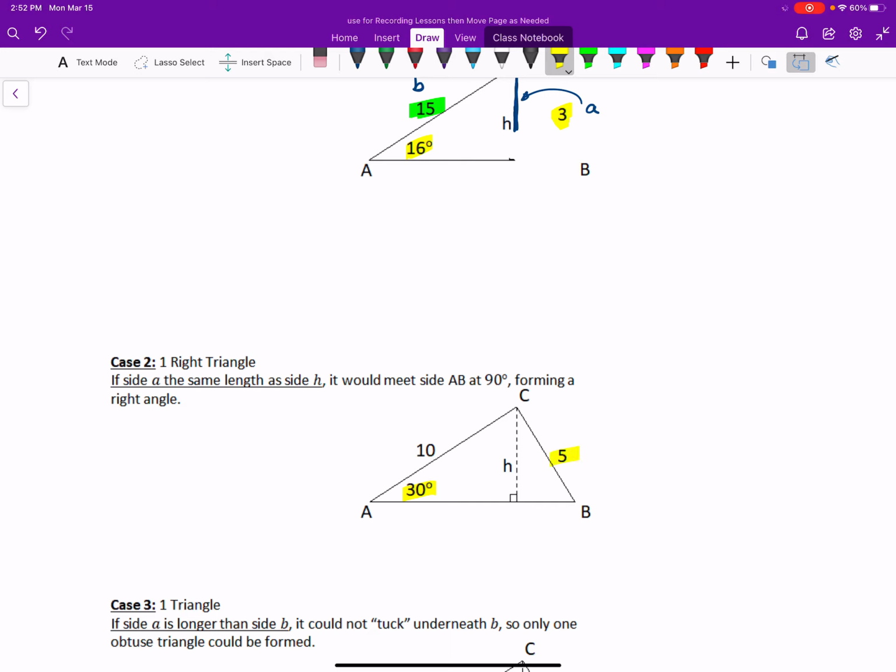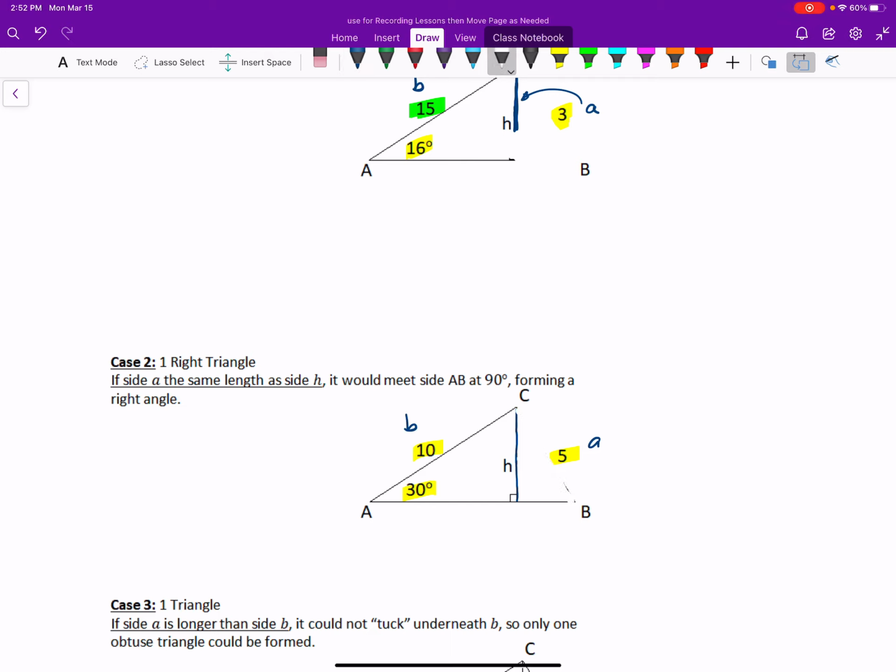If A is the exact same length as H, then what we're going to have is a right triangle, right? Because if A is the same length as H, it's going to dangle here from C, to continue that metaphor, and it's going to come right down and touch this side here. And again, it's not going to be out here the way I've got it drawn.